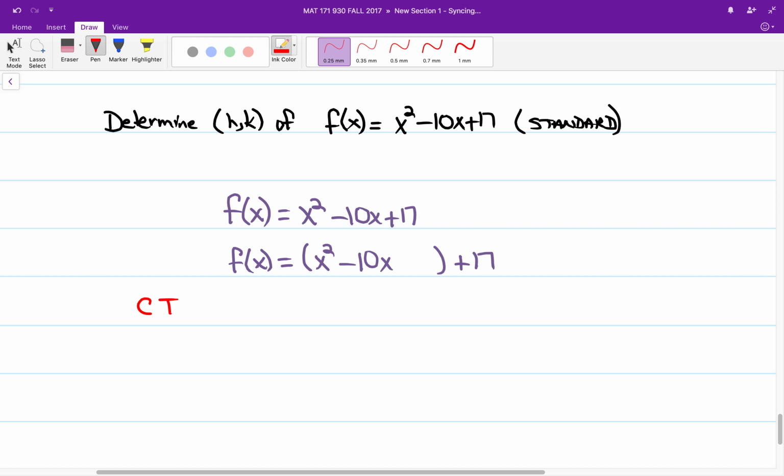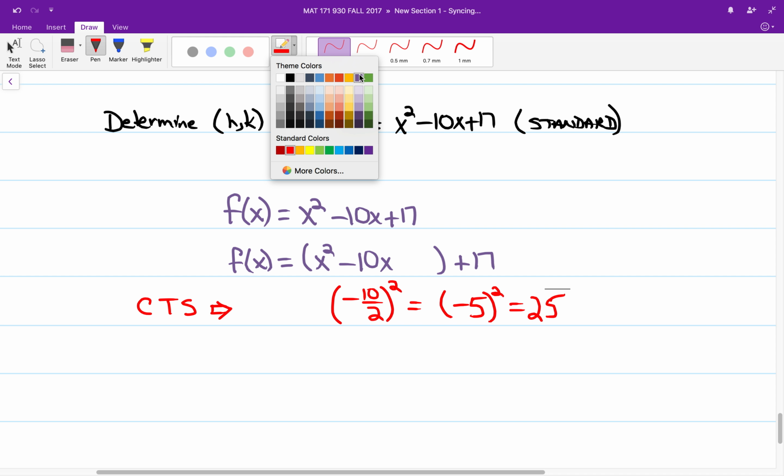Now we complete the square, CTS. With x squared minus 10x, we take half of the coefficient of the first order variable term: half of negative 10 is negative 5, and the square of negative 5 is 25.